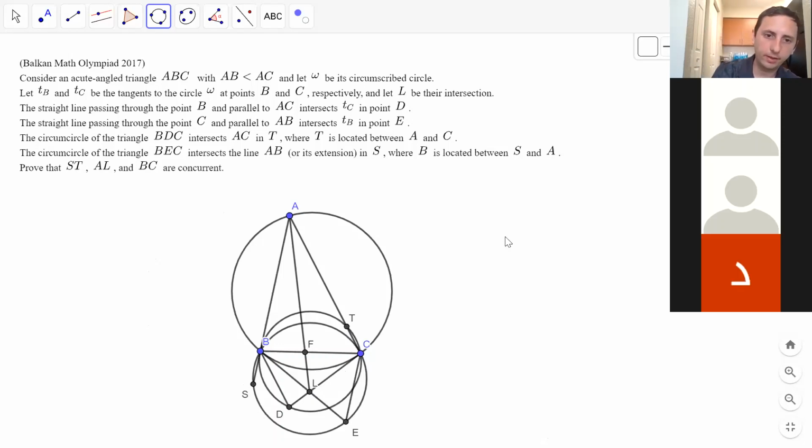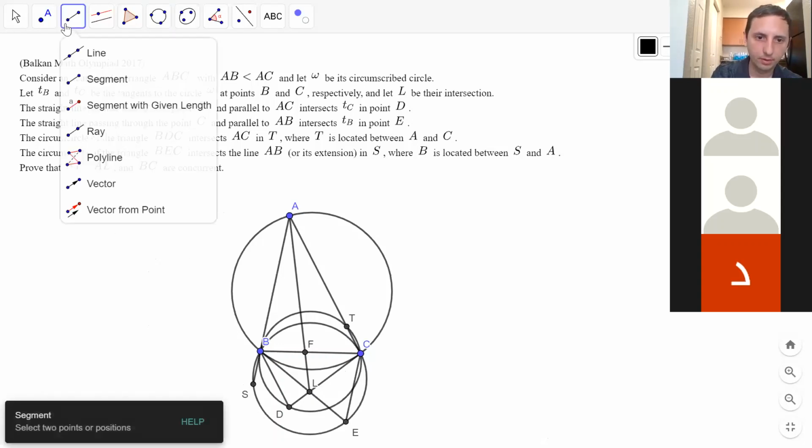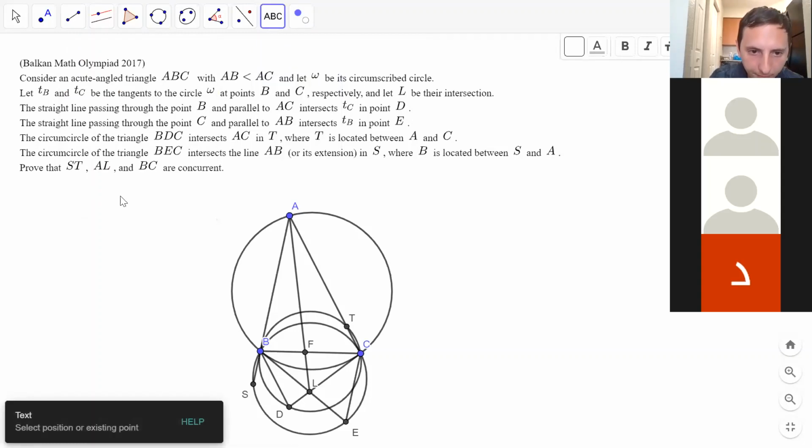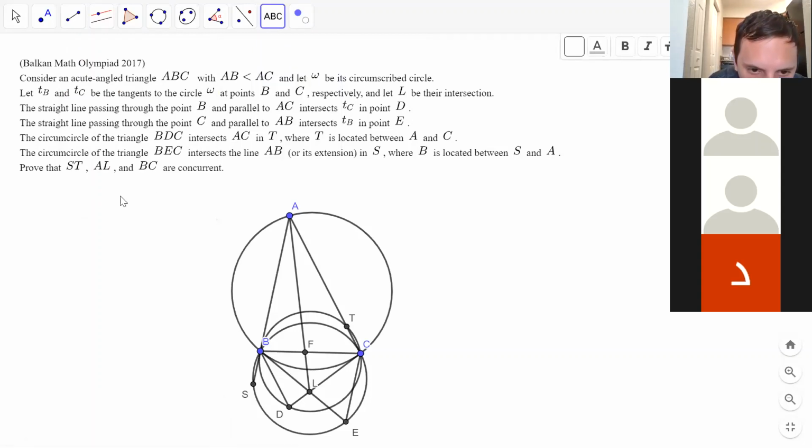So are ABC and ATS similar? I think they are. Actually, no, I don't think so. So tell me what's wrong with this? What's wrong with my logic here? Let me see. So AC is tangent to this circle, right?